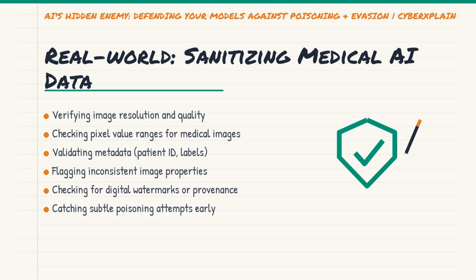Metadata would also be crucial, verifying patient IDs, dates, and diagnostic labels against known schemas. If a batch of images suddenly has wildly inconsistent resolutions or unusual color profiles, that's a red flag. We might even check for digital watermarks or hashes to ensure image provenance if we expect data from specific, trusted devices. This careful scrutiny helps us catch anomalies that might be subtle poisoning attempts.